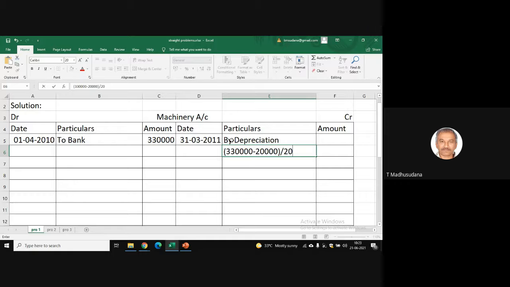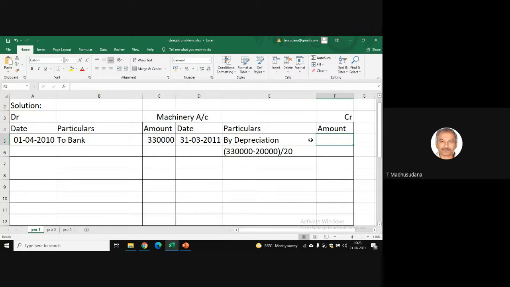So this is the formula for calculating annual depreciation. Since the asset was purchased on April 1st, 2010, up to 31/3/2011 the asset was used for a complete year. Therefore, what is the amount of depreciation?